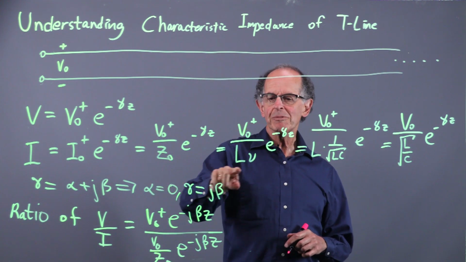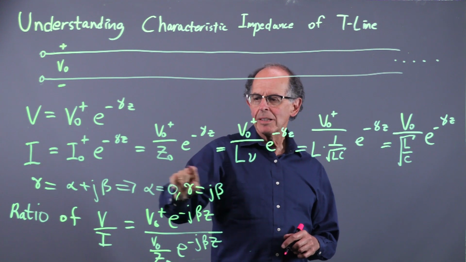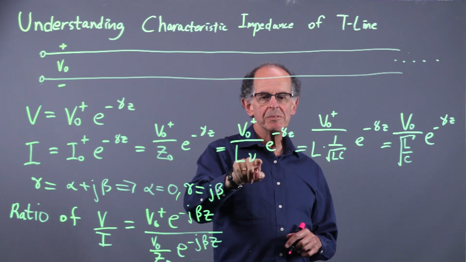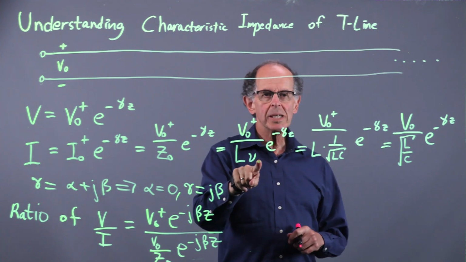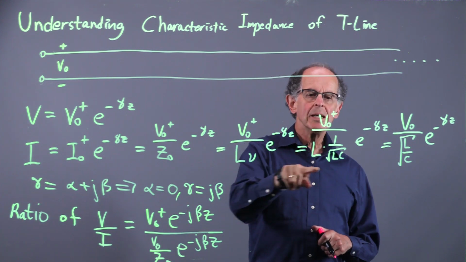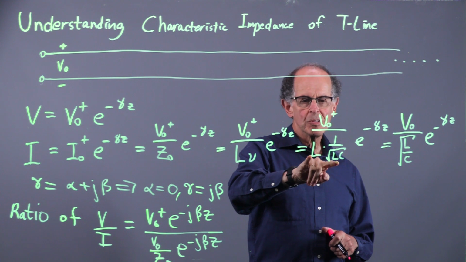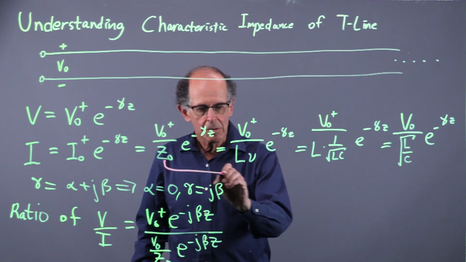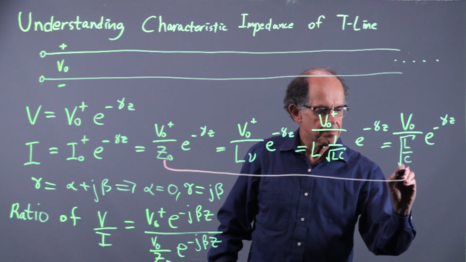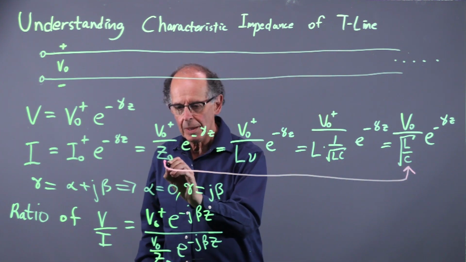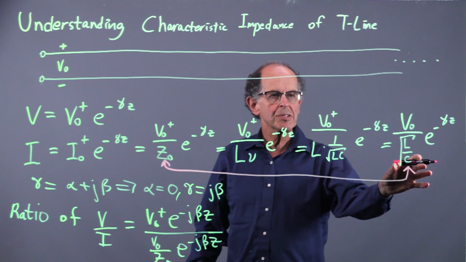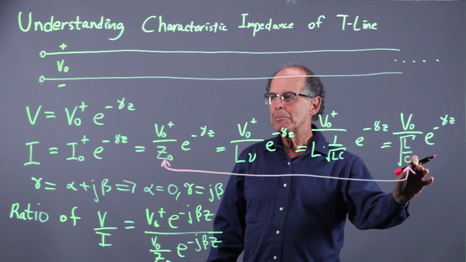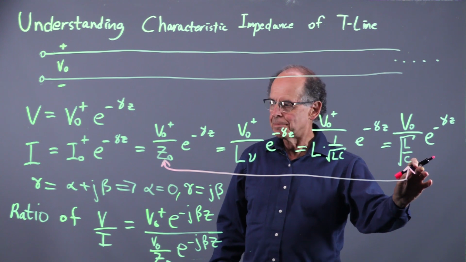Previously, we saw that for a lossless line, Z naught corresponds to the square root of L over C, where V is the velocity of the wave in the lossless line, written here, and you can see that there's a slight cancellation, and there's our result for Z naught. And in this case, the line has a constant inductance and capacitance per unit length.